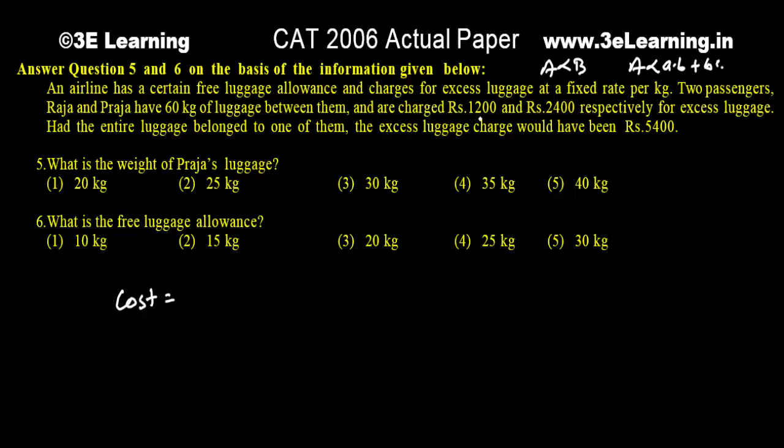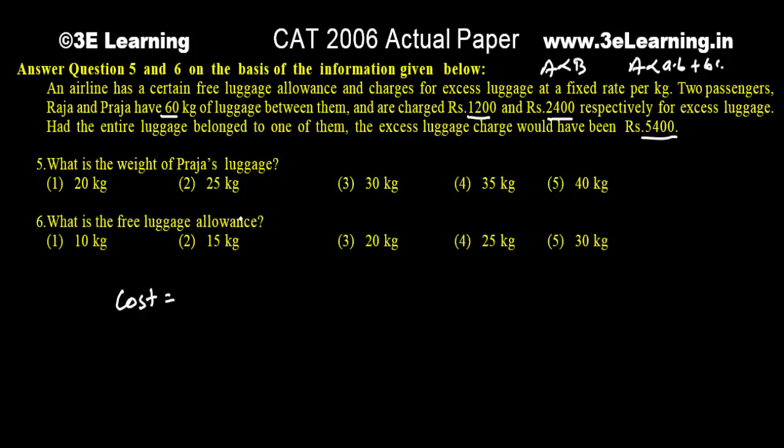They are charged rupees 1200 and 2400 respectively. Okay, the total luggage between them is 60 kg and they have paid 1200 and 2400 respectively for the excess luggage. Had the entire luggage belonged to one of them, the excess luggage charge would have been only 5400. Now we have to find the weight of the luggage of each and what the free luggage allowance is.